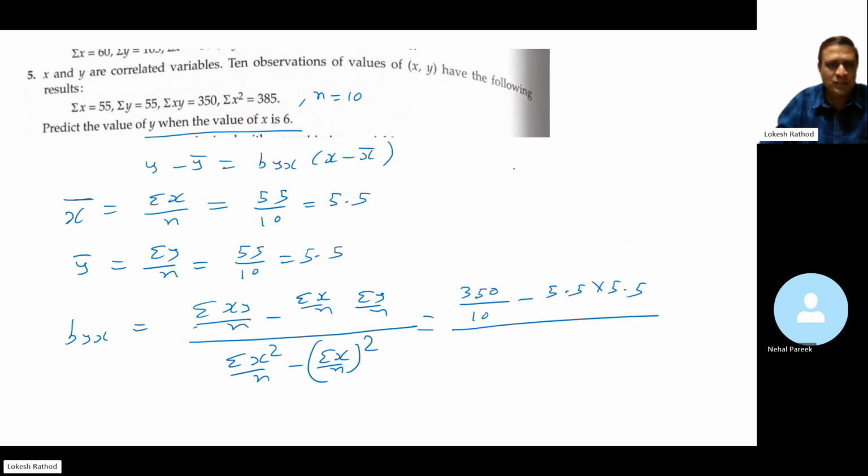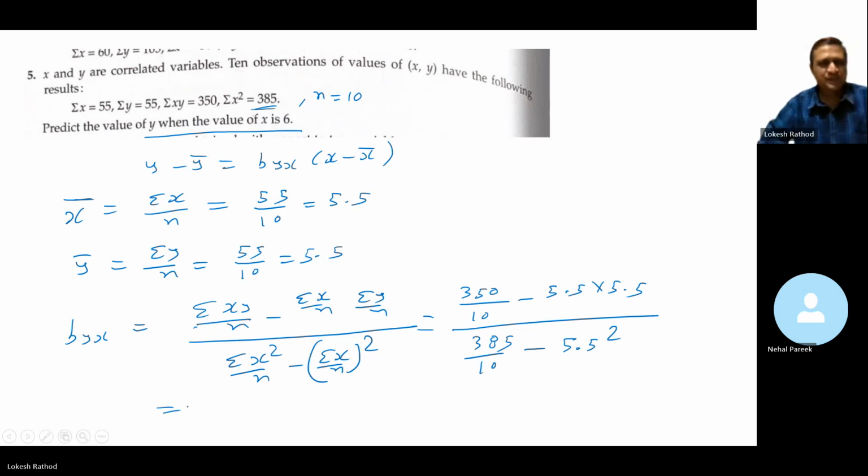And sigma x square is 385 over 10 minus sigma x over n, 5.5 squared. You do the calculation, tell me what the answer is.